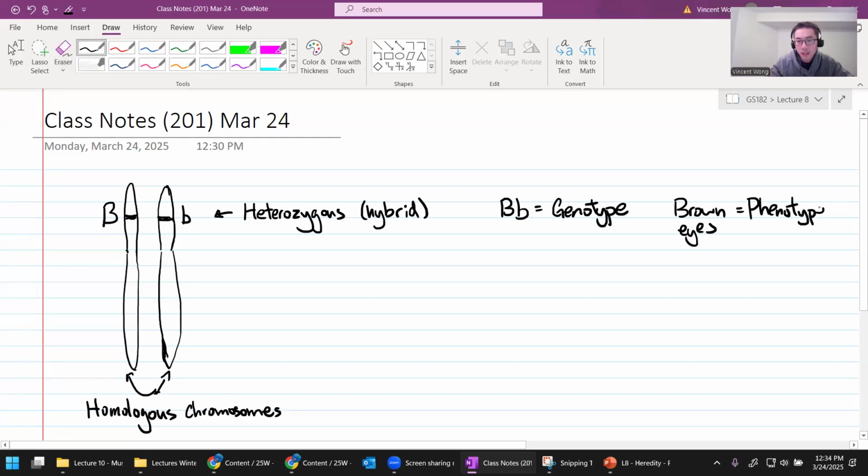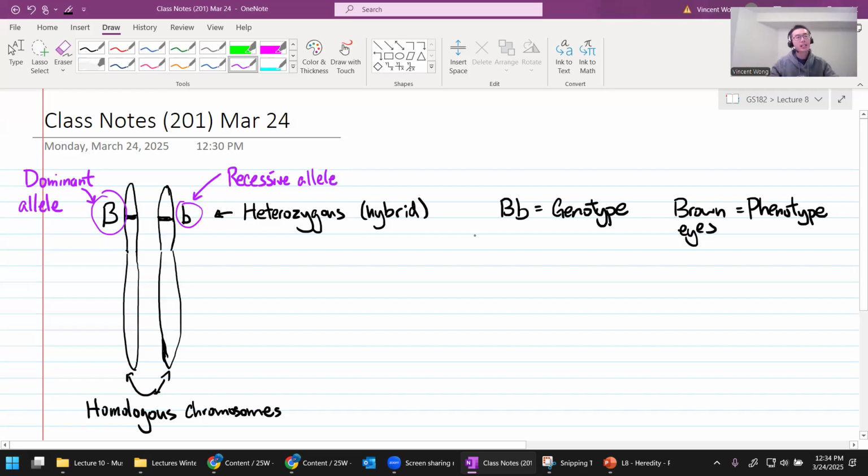Phenotype. Now note, one of the alleles is represented by a capital letter. This is what we call the dominant allele. And this one, that's lowercase, we call the recessive allele.